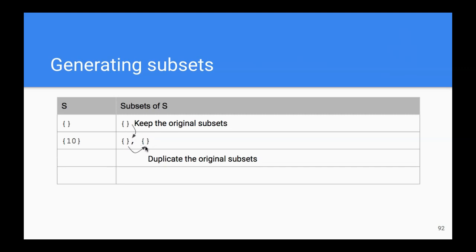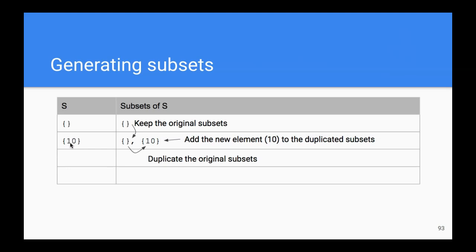So we make a copy of the empty set, and in these new subsets, we add the new item. These two subsets are now all the possible subsets of S that has a single item in it.